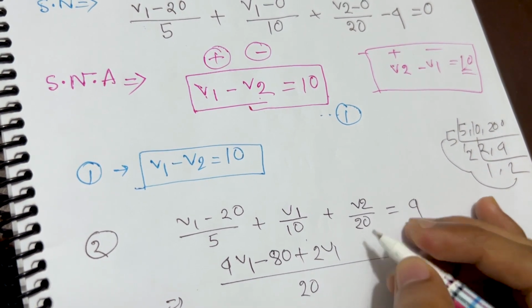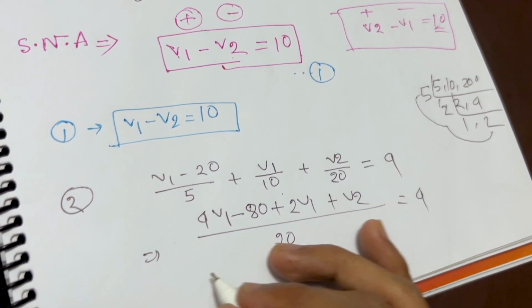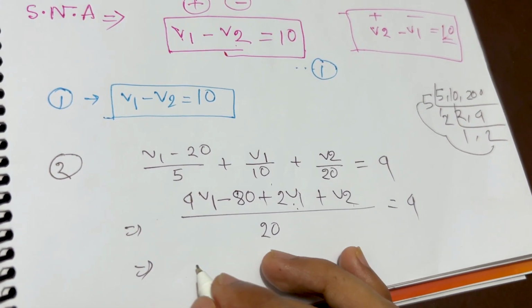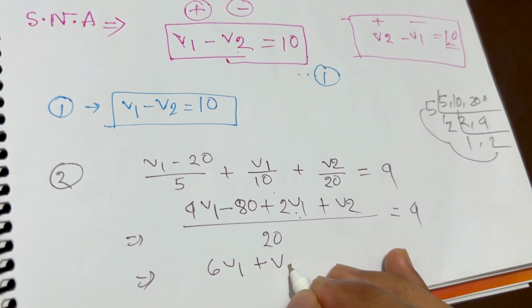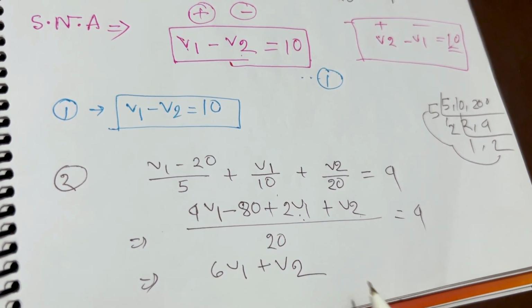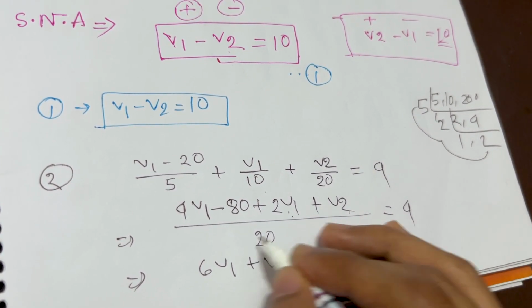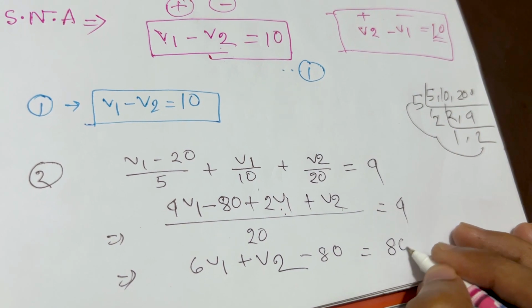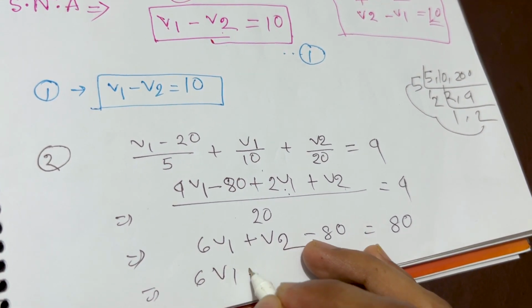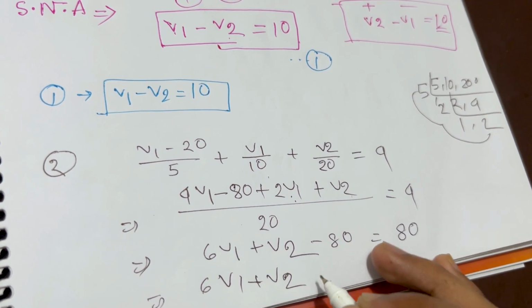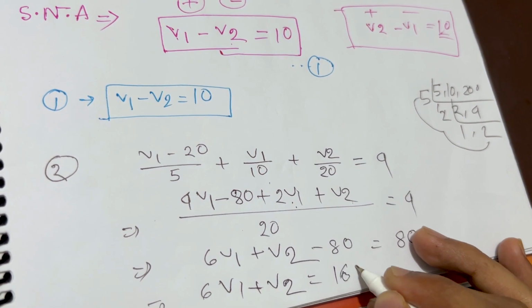So 4V1 plus 2V1 gives 6V1 plus V2 minus 80 equals 80. So 6V1 plus V2 equals 80 plus 80, which is 160.